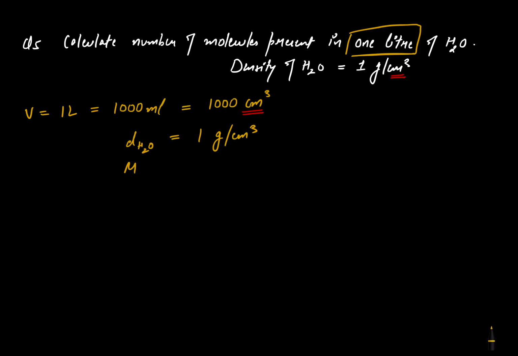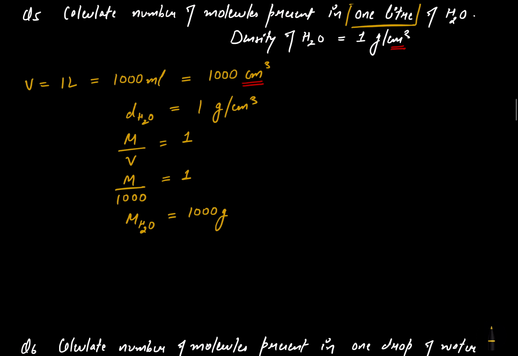That's mass of water divided by volume of water. That stands for 1. Now I'm putting the value of volume, which is 1000. I have evaluated it to 1000 because 1 liter is 1000 centimeter cube. My mass of water comes out to be 1000 grams. Now let's talk about water.